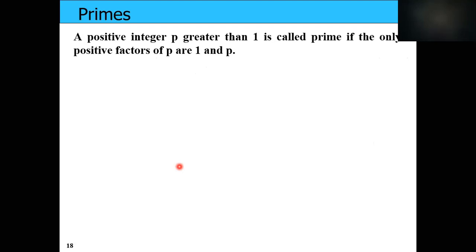Dear student, prime numbers are quite important in cryptography, mainly because they give you the idea of prime factorization, and there are basically three types of problems in public key cryptography. One is integer factorization, the second one is discrete log, and the third one is elliptic curves.